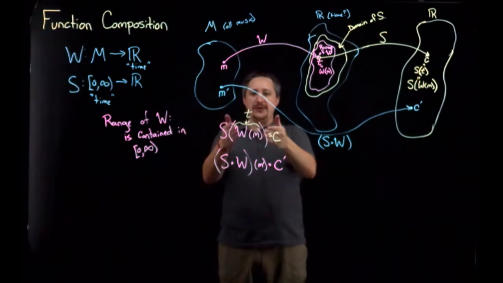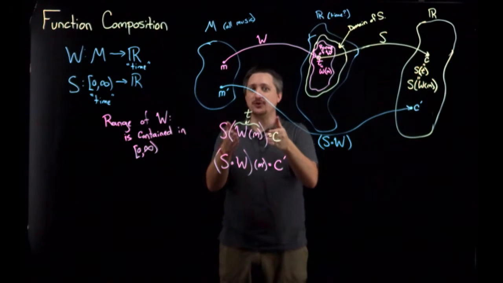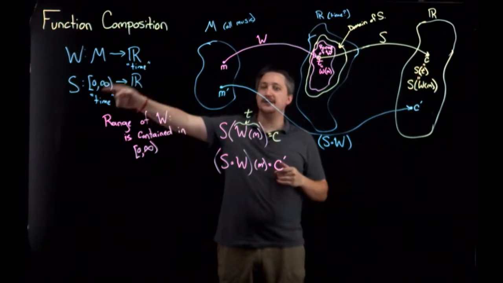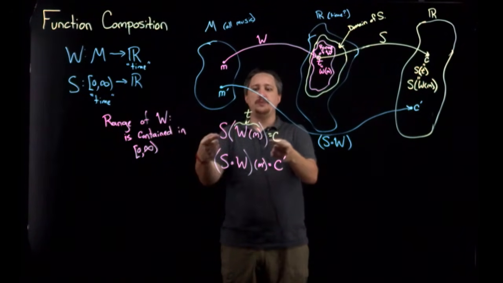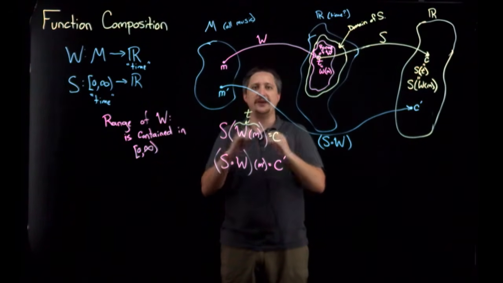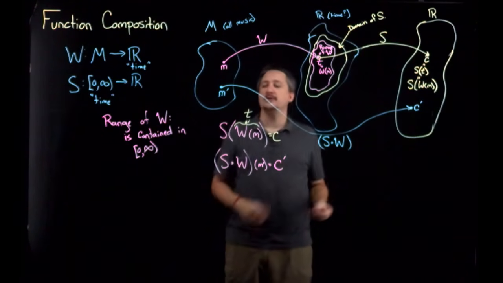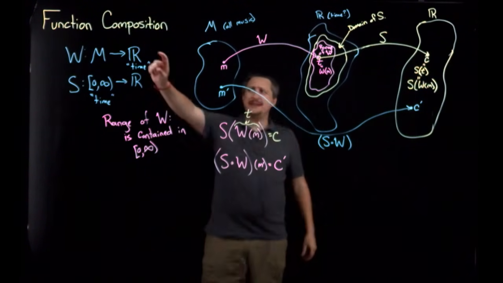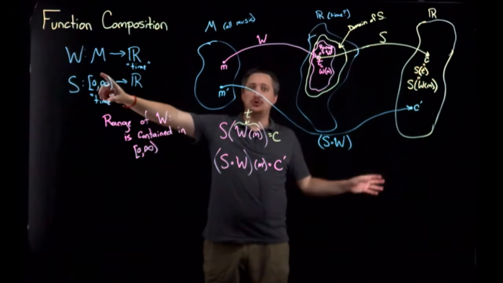So it's really important that whatever you get out in practice, whatever the range is, not the codomain, because the codomain is way too big, right? Whatever the range is has to be included in the domain of S. It has to be something that the domain of S can understand, so S understands it to keep going. Now, if the codomain is already in the domain, you're home free.